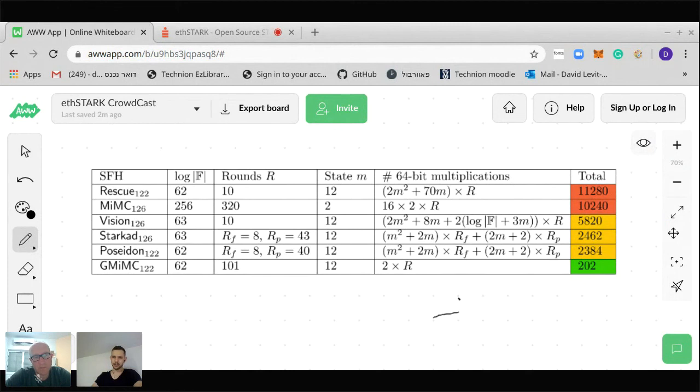But on a CPU, it is going to be log f operations. So this is the 70 that we see here: 68 operations for the third root, plus 2 operations for raising to the third power.